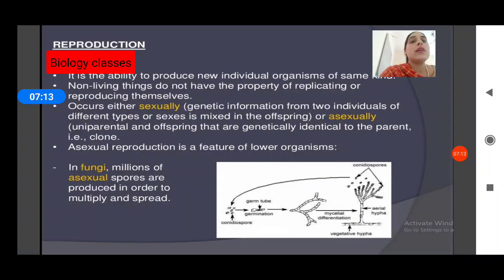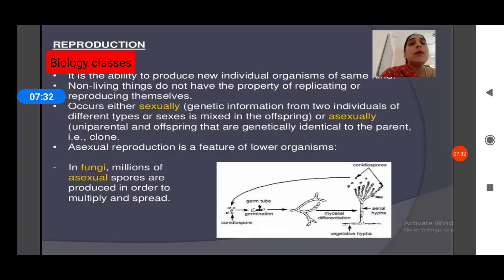When we talk about reproduction, it is the ability to produce a new individual organism of the same or different kind. Reproduction is of two types: asexual reproduction and sexual reproduction.